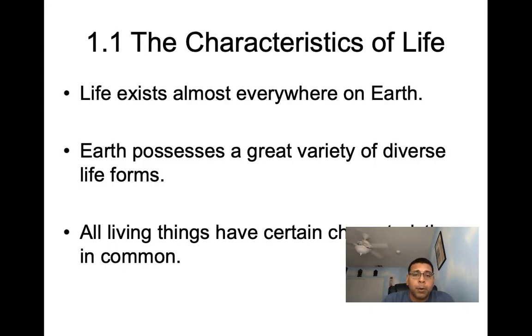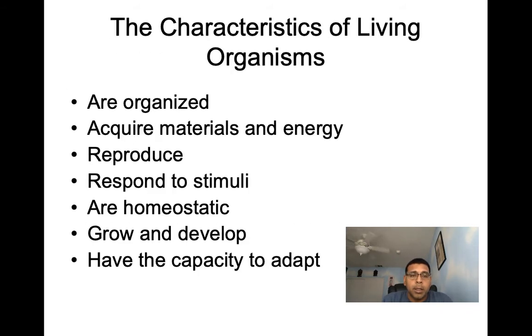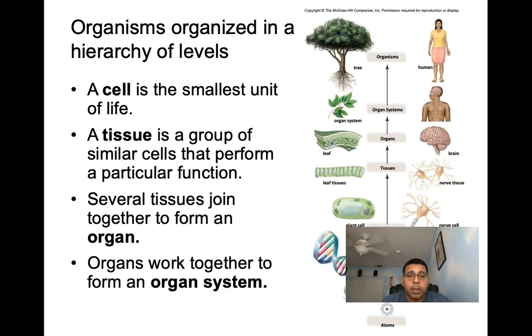So here we can move forward, and we can see basically the first characteristic, which is organization. Here is the hierarchy we can see in both trees and humans, along with all other organisms as well.